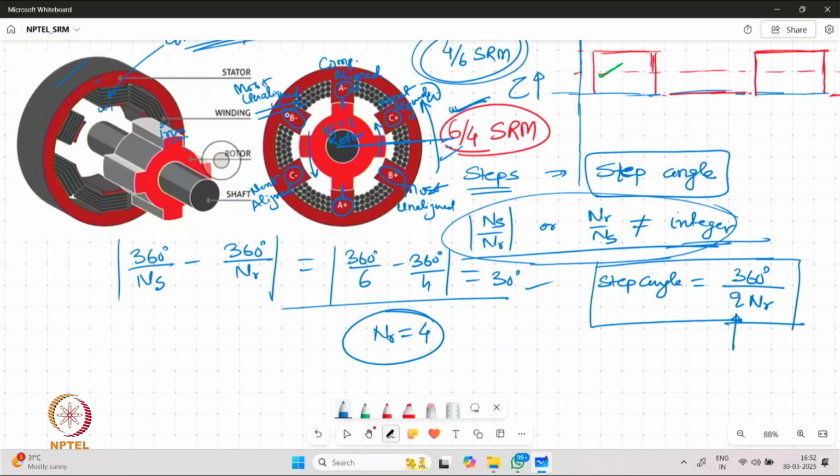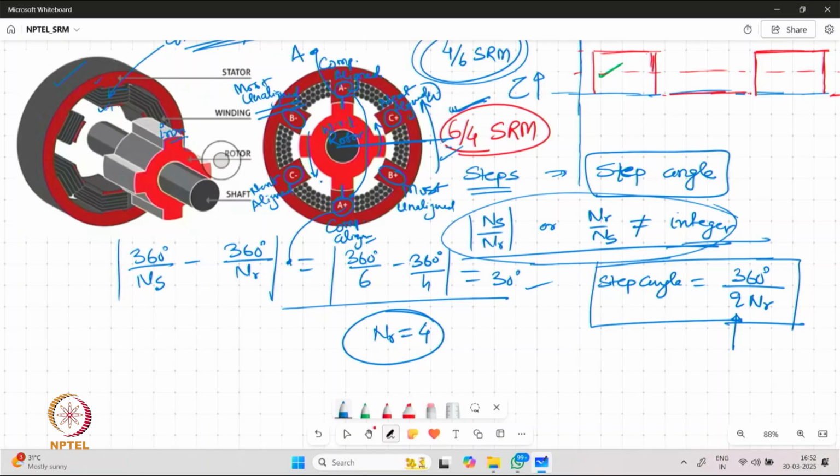So we can see that there are three groups of coils formed within this structure, and hence the coils which have a similar position, which are completely aligned, can be combined together. So we can have a common terminal for these two, say A and A prime.